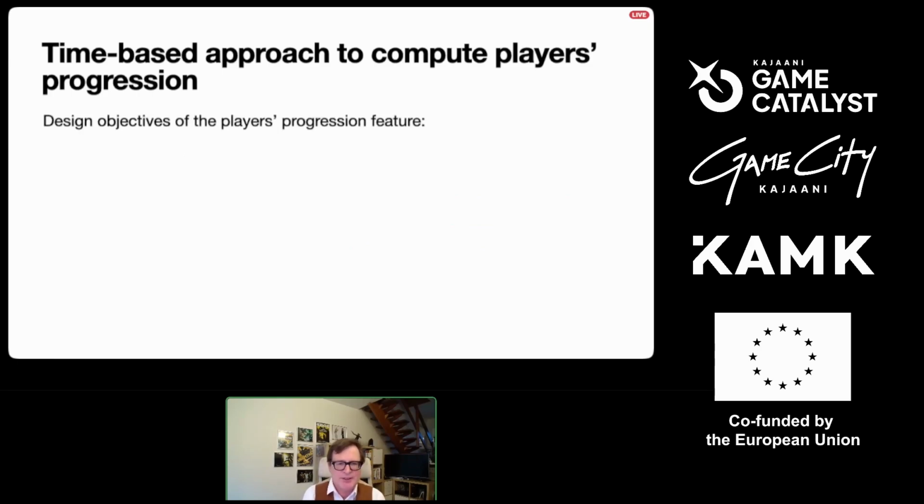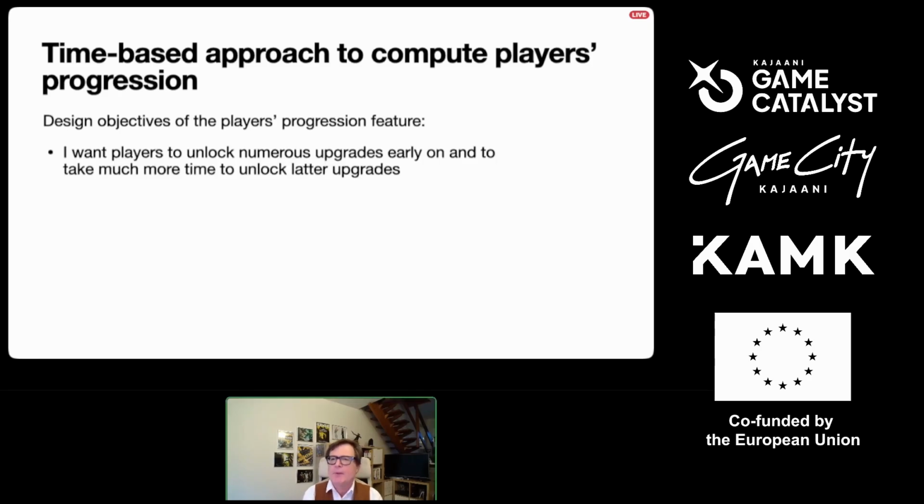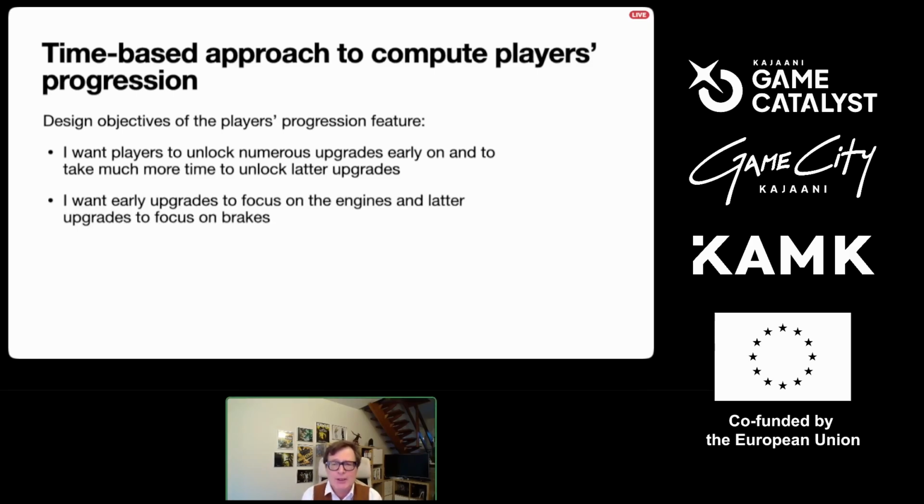Now, as the designer of this project, I make the following choices. I want players to be able to unlock numerous upgrades early on, and later upgrades must take much more time, which is very classical. I also want early upgrades to focus on the engine and later upgrades to focus on the brakes.